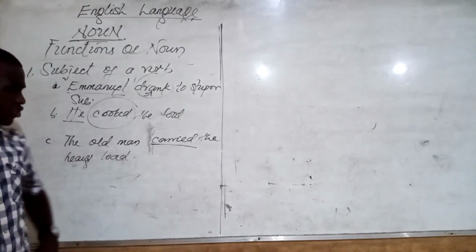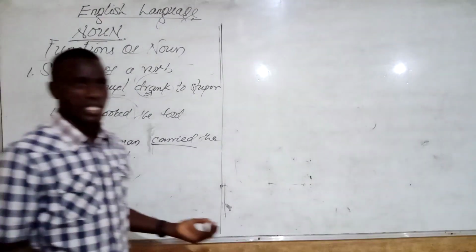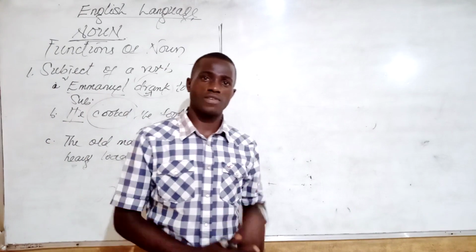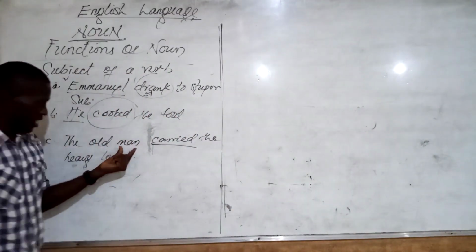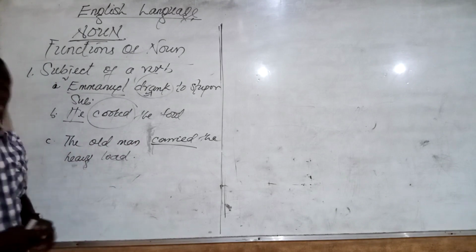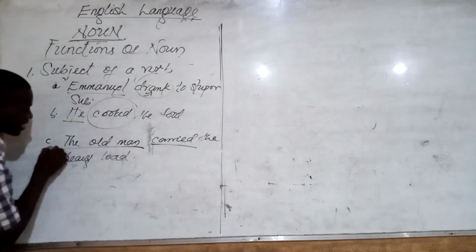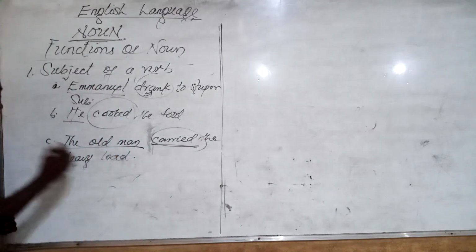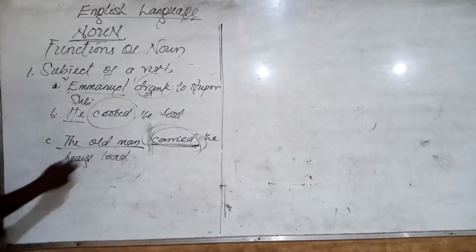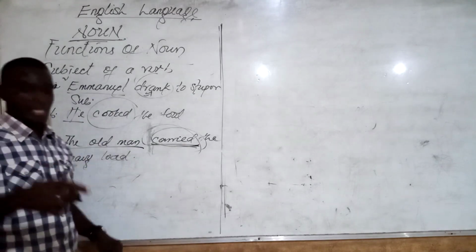Now what is the subject then? I said that in most cases, the words before the verb are going to be the subject of the verb. Does that mean that just man is the subject? How about the other words? Actually, in this statement, the old man is the noun in that subject.